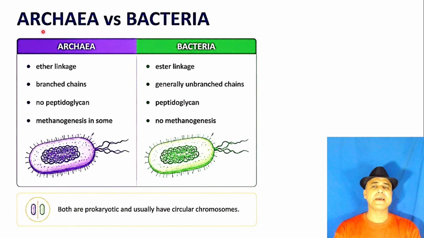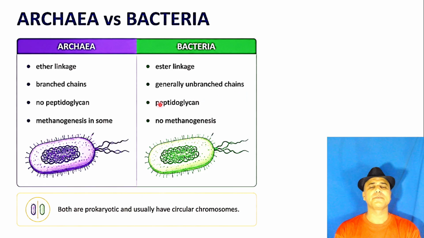Now we will compare archaea versus bacteria. Archaea: ether linkage is present in the cell wall. Bacteria: ester linkage is present in the cell wall. Archaea have branched chains, and bacteria generally have unbranched chains.